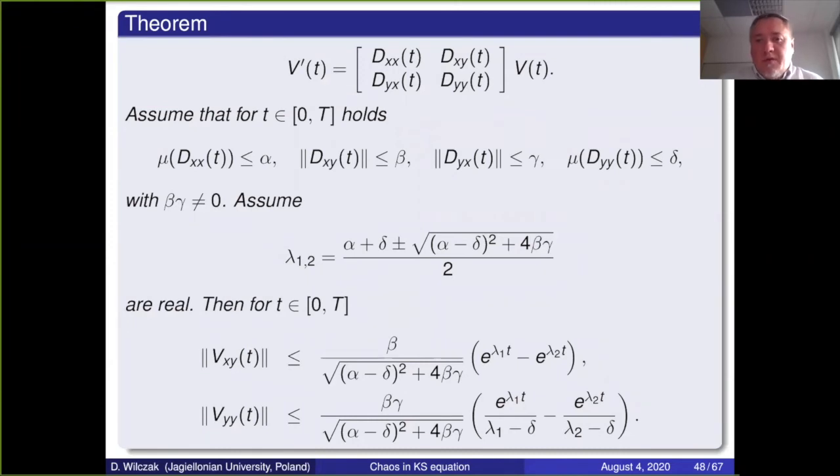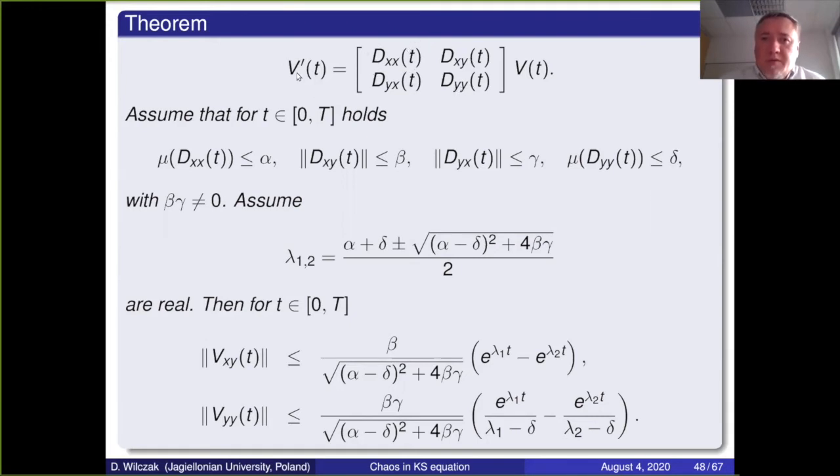Here we have our main tool for integration of these variational equations for PDEs. Assume that we have just a 2 by 2 system. Actually, not. It can be arbitrary.